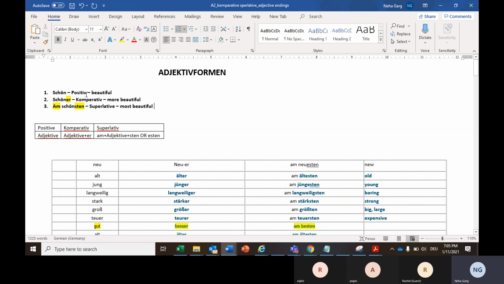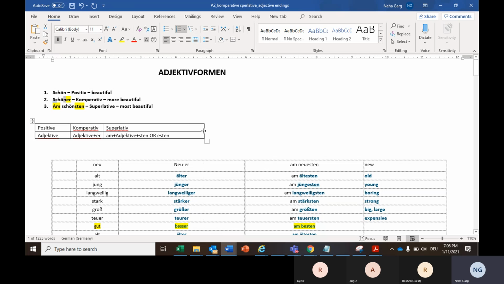Now, next step is how do we build these second and third forms out of the first positive form. Just pay attention to these yellow highlighted areas. So the adjective positive form is as it is. Definitely we don't make any changes in that.